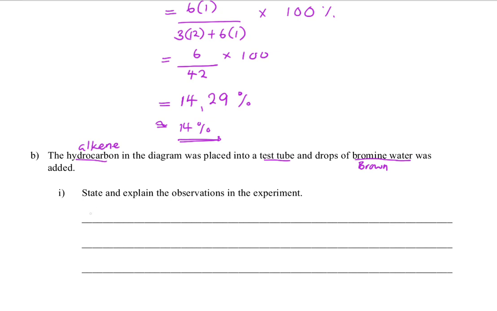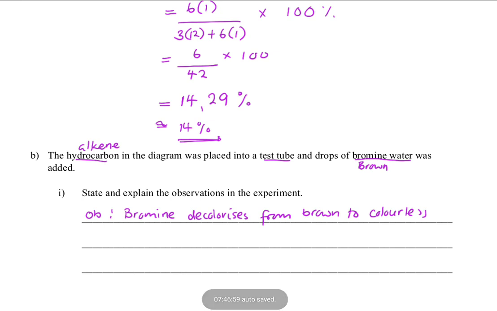So the observation will be that bromine decolorizes from brown to colorless. And in the question, to state, is where we get the mark for stating.